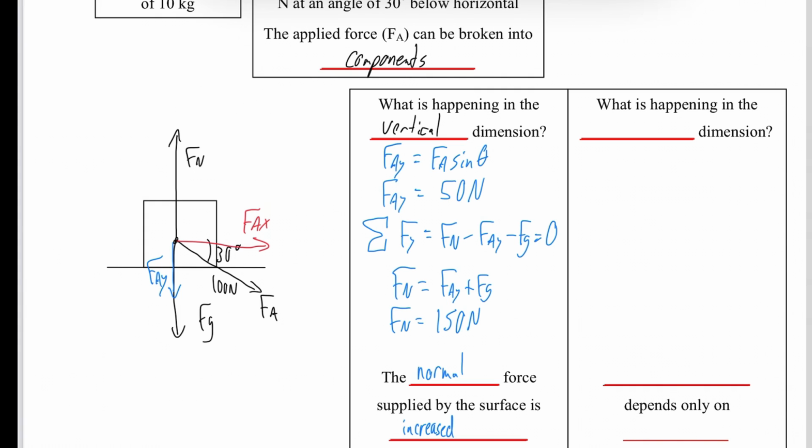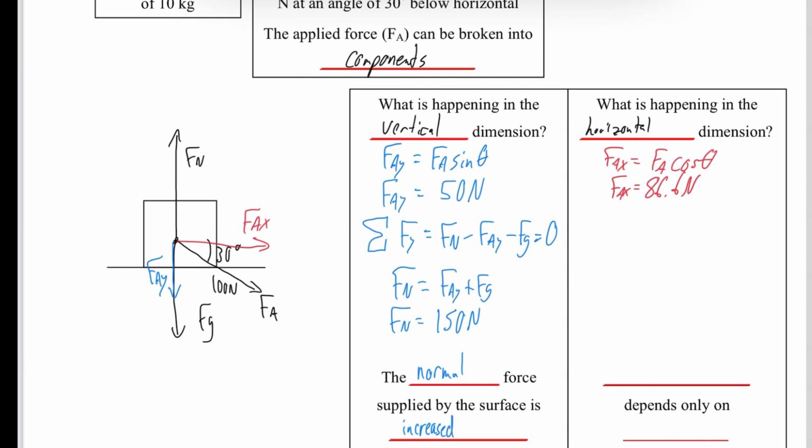So now we want to take a look at what's happening in the horizontal direction. We'll take a look at FAX and solve for what it's equal to: FA cosine theta. Plug in our values again, and we'll find that the applied force in the x direction is 86.6 newtons.